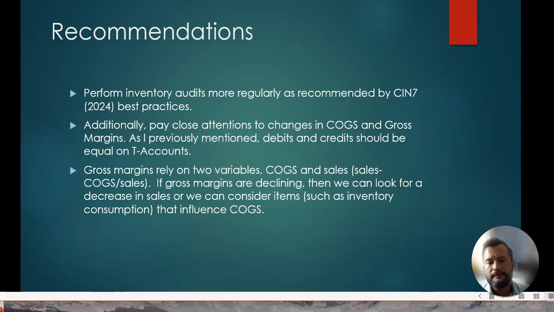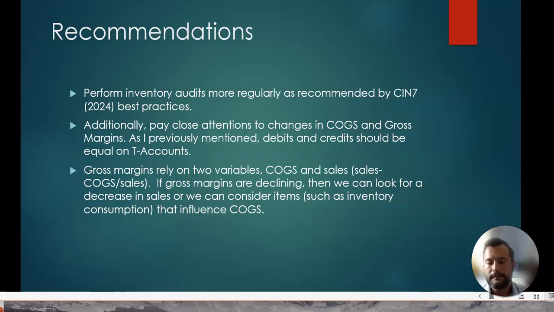Additionally, as I discussed earlier, we need to start paying closer attention to changes in cost of goods and gross margins. We can do that, as I mentioned, by the matching principle: any time that our debits and our credits on those accounts are not equal, that in and of itself suggests to us that there's a problem in our accounting.